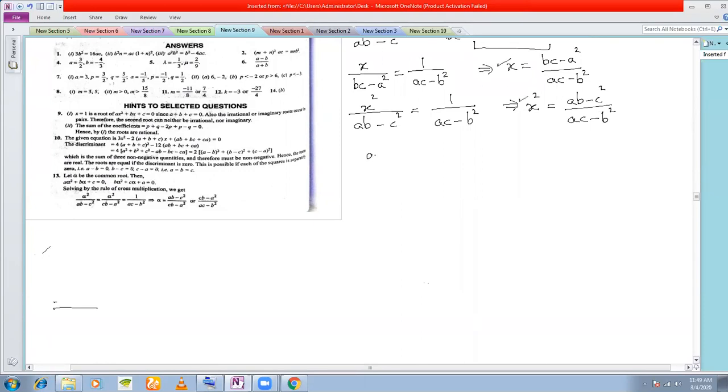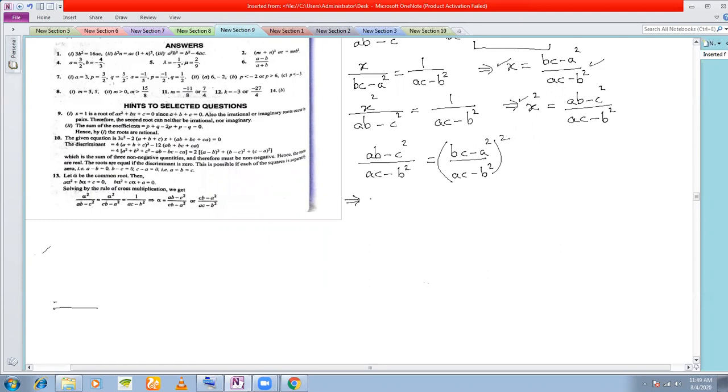So therefore bc minus c square by bc minus b square must be equal to the square of this, bc minus a square by bc minus b square. So now we need to show that either a plus b plus c is equal to 0 or a is equal to b is equal to c.